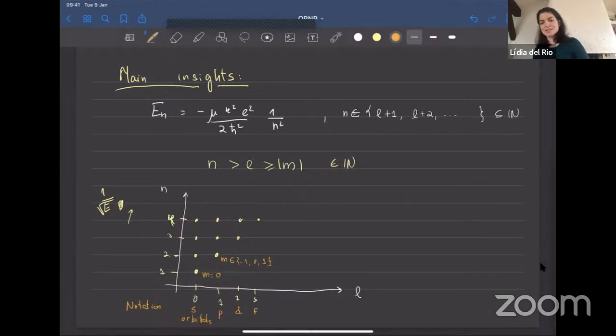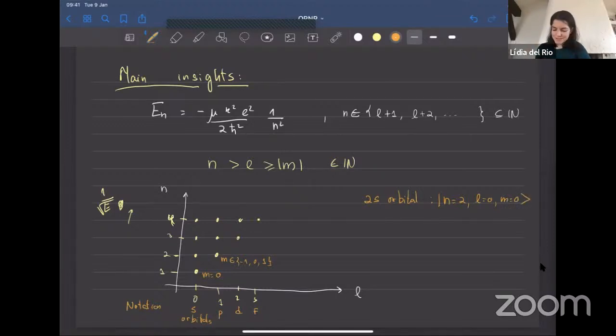If you ever took a chemistry course and have seen this before, that's kind of what it means. So for example, if someone says we have an electron in the 2s orbital, what this means is the state of n equals 2, L equals 0, M equals 0.